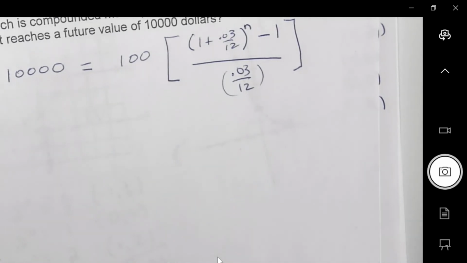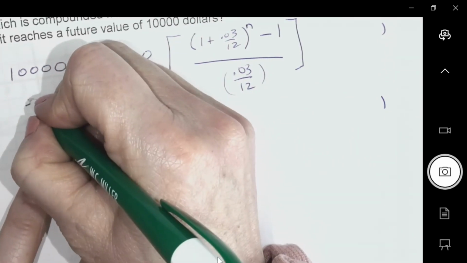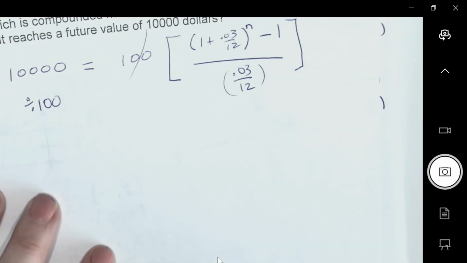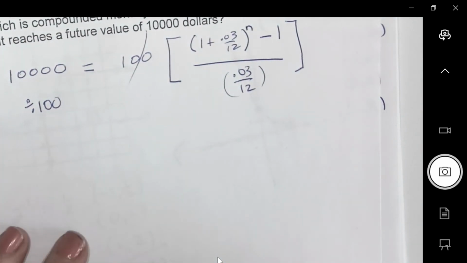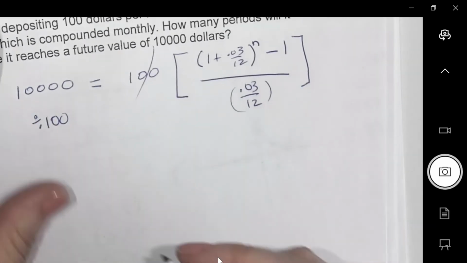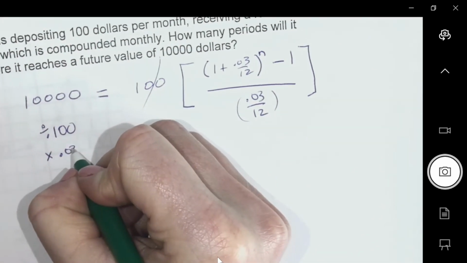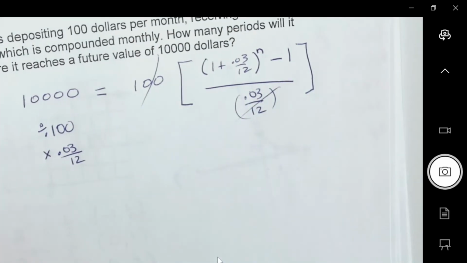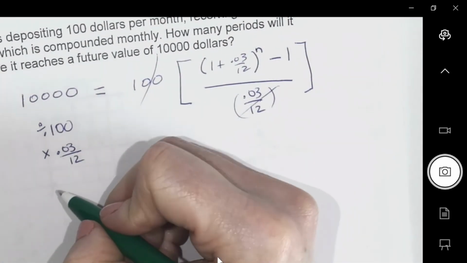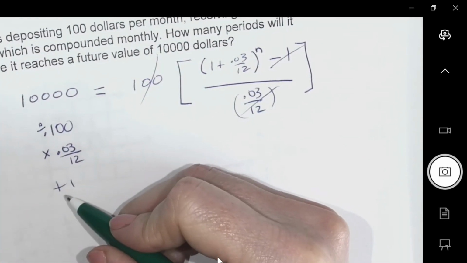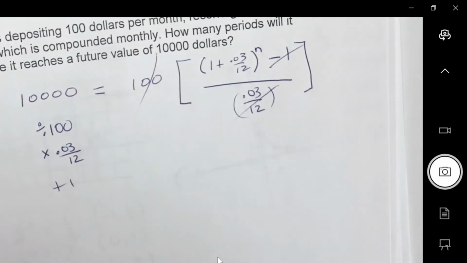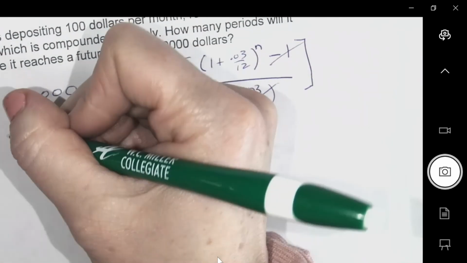Okay, so filling it in, step 1. I'm going to do all my algebra moves at once here. So tell me what I could do here. I'll divide by 100. Gone. What else? Times by 0.03 over 12. Gone. Plus 1. That has to be done after those other ones, right? In that order.